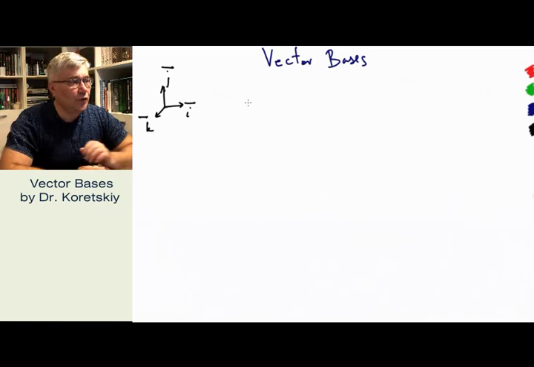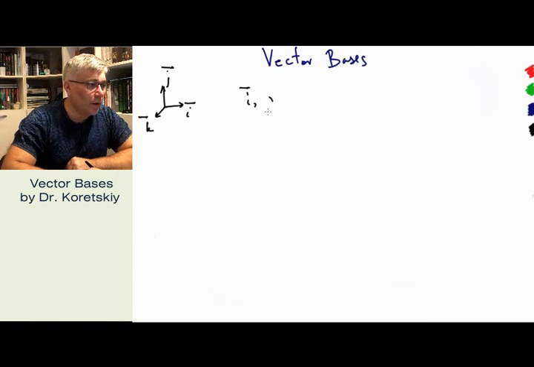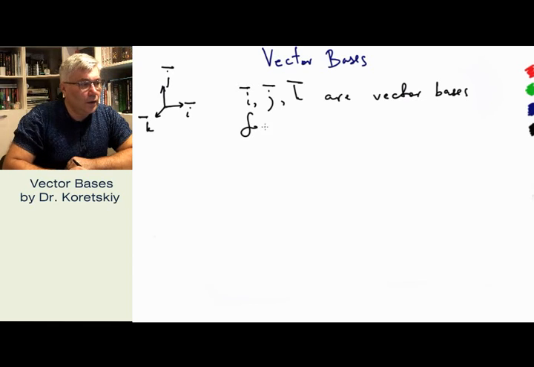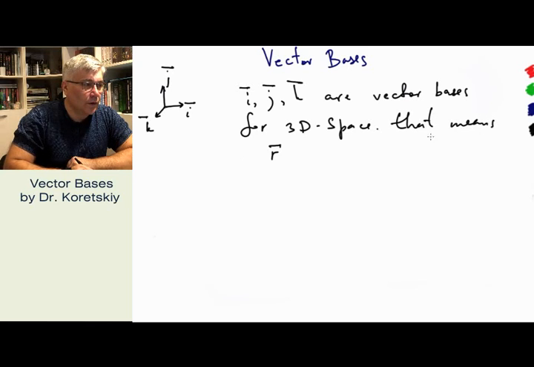So the main idea here, we can consider these 3 vectors i, j, k as vector bases for 3D space.